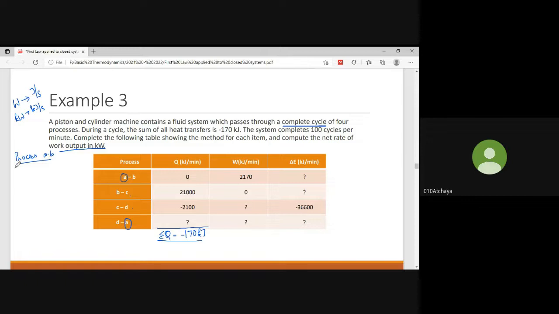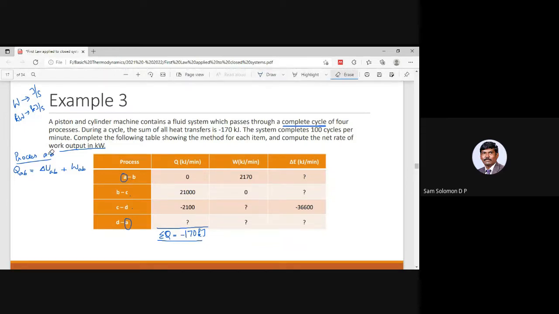QAB equal to delta UAB plus WAB. Okay, so here they have not given delta U, they have given delta E, which means they have generalized energy. So we can also write it as delta E.